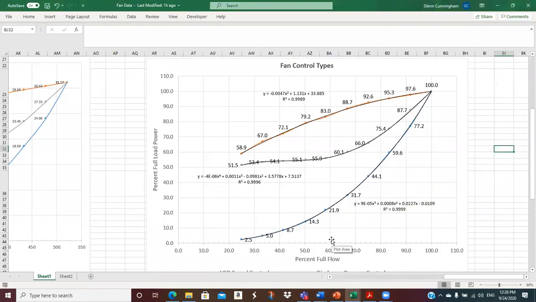But I guess I don't mind sharing them with you. You could come in here and say, okay, this is where I'm at 70% flow, you come up and that's right at 90%. So that says that I'm at 70% flow with discharge dampers, which means my percent full load power should be 90%.